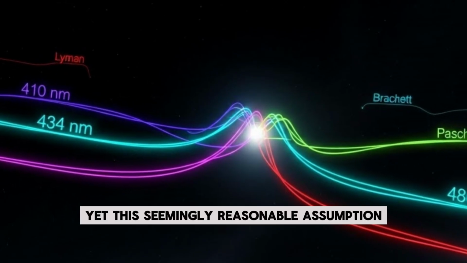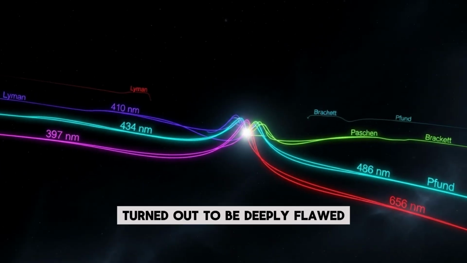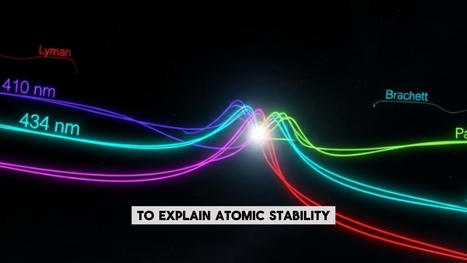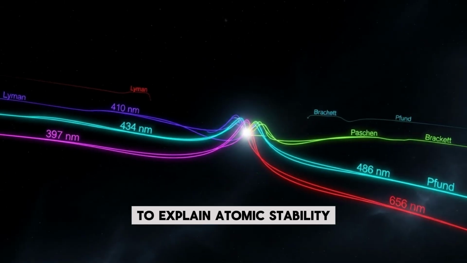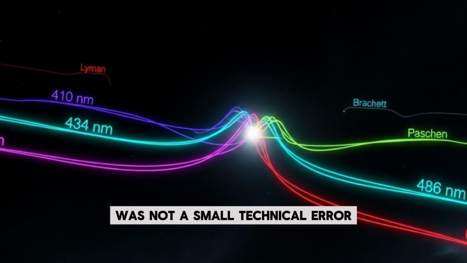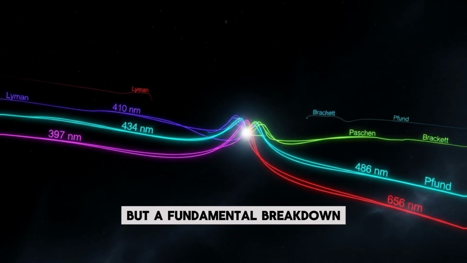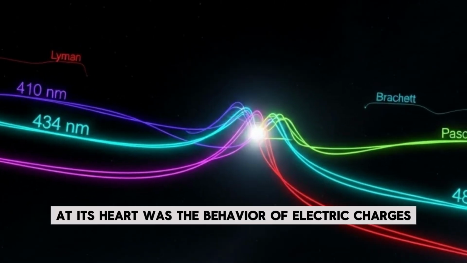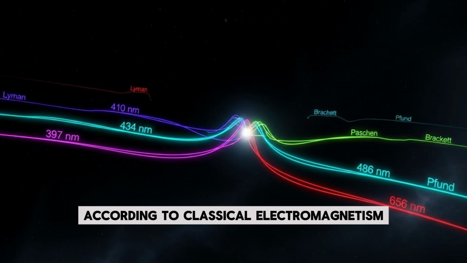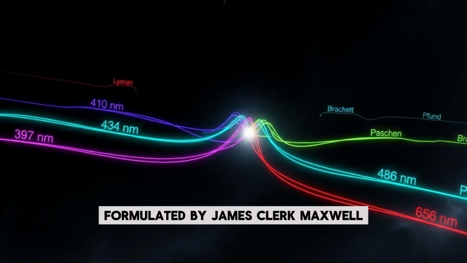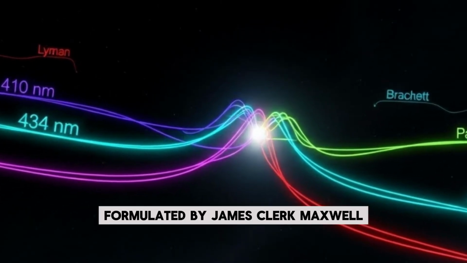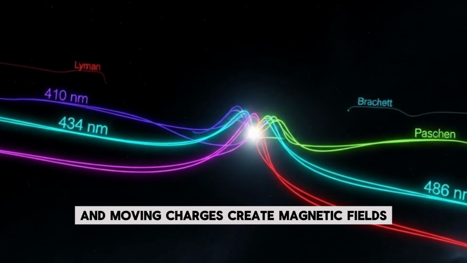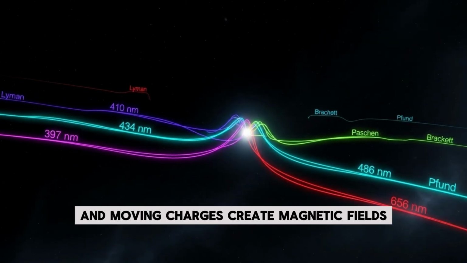Yet this seemingly reasonable assumption turned out to be deeply flawed. The failure of classical physics to explain atomic stability was not a small technical error, but a fundamental breakdown. At its heart was the behavior of electric charges. According to classical electromagnetism, formulated by James Clerk Maxwell, electric charges create electric fields, and moving charges create magnetic fields.